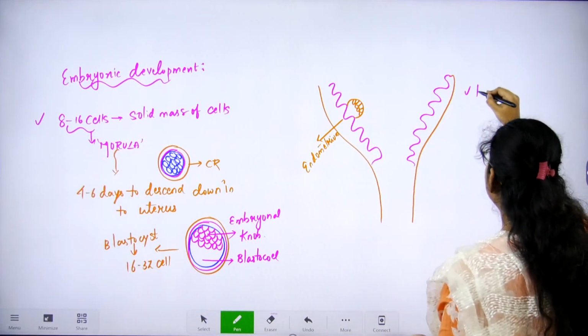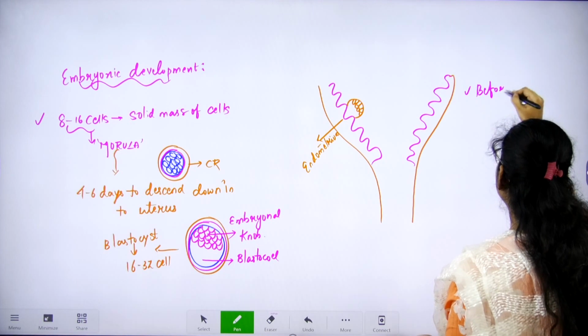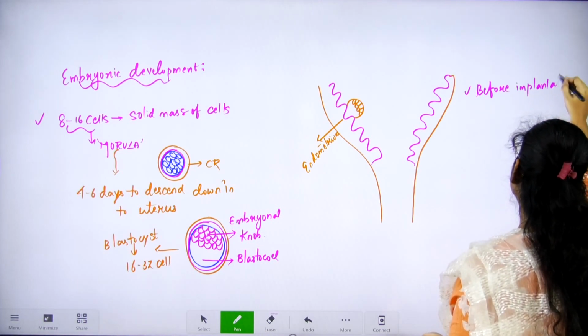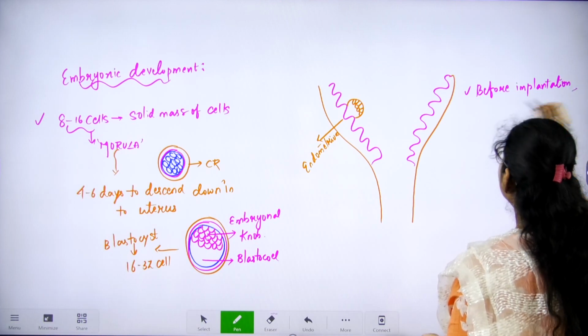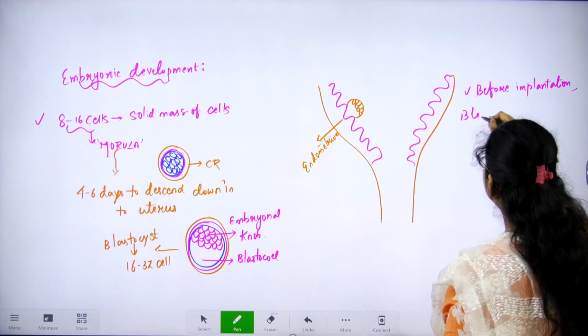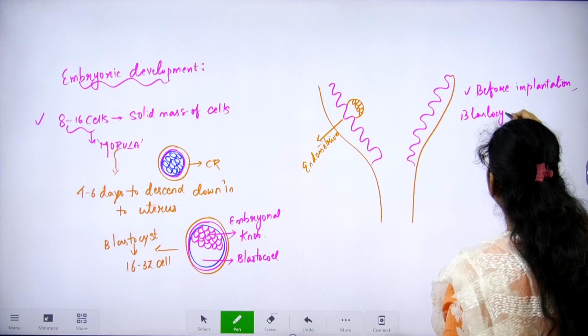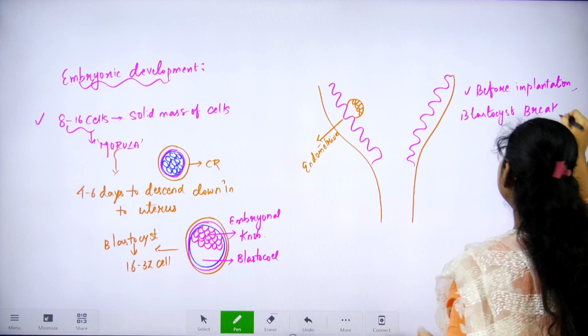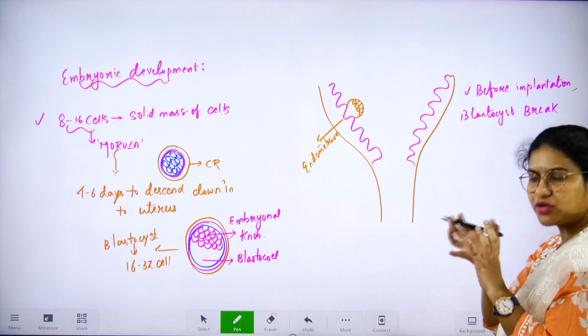So before implantation, the blastocyst breaks the zona pellucida. Because of the cells, it has now become like a packed structure.